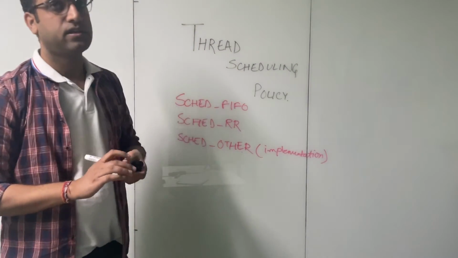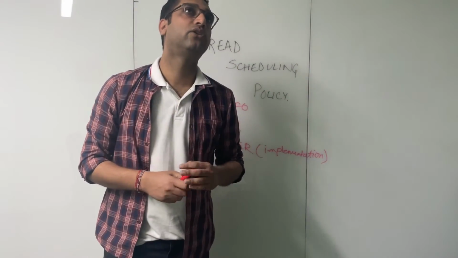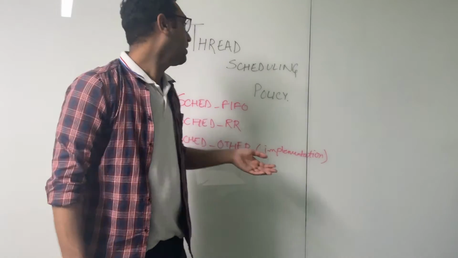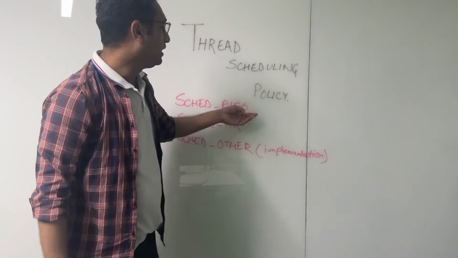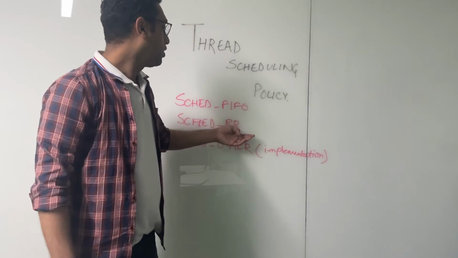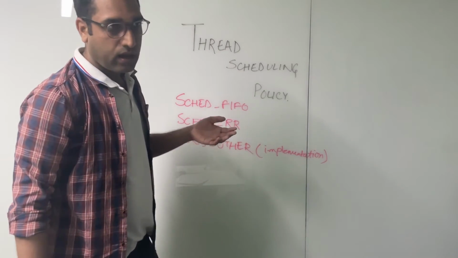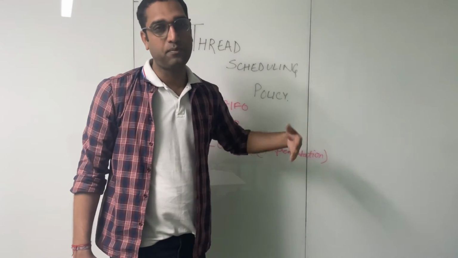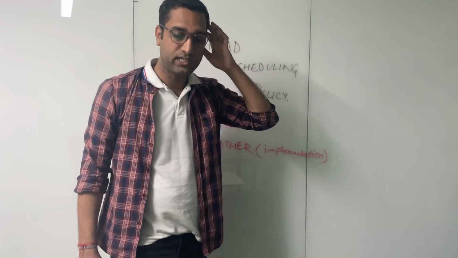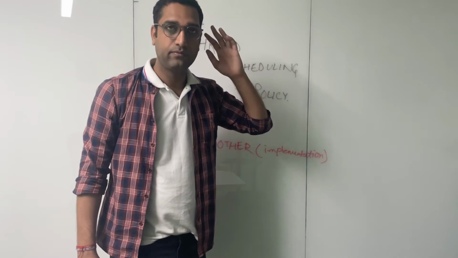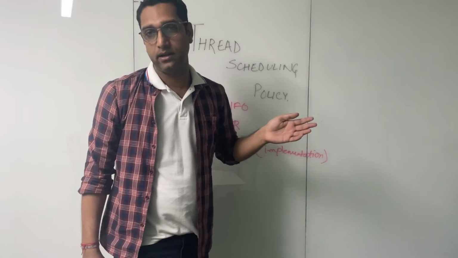So when we are creating a new thread, we can ask the new thread to have its scheduling policy as first in first out, or round robin, or other. What will be the default policy? The default policy will be the policy that the parent thread has assumed.